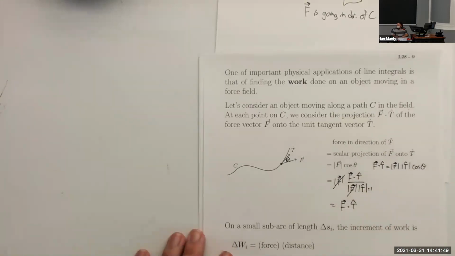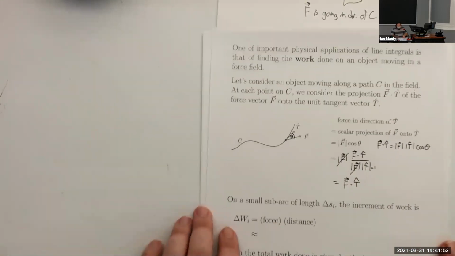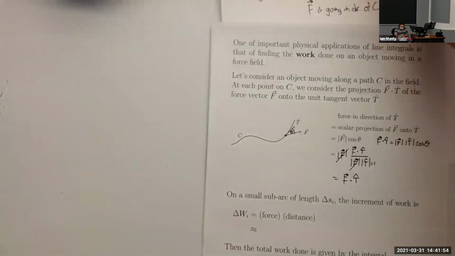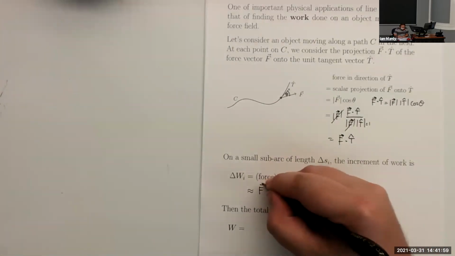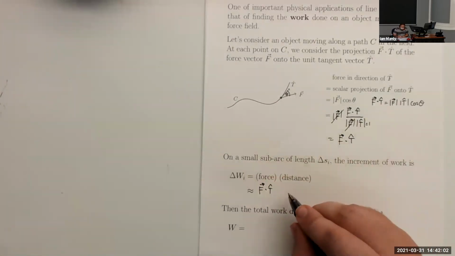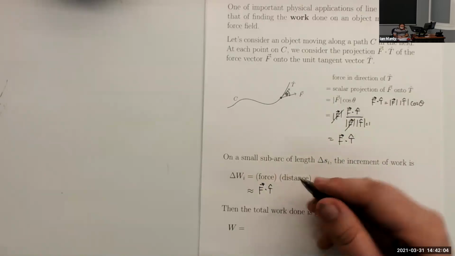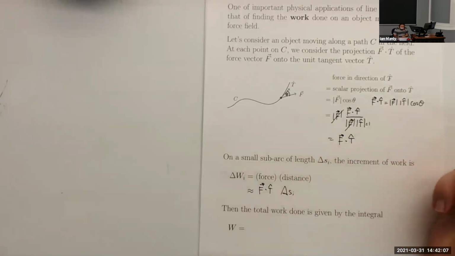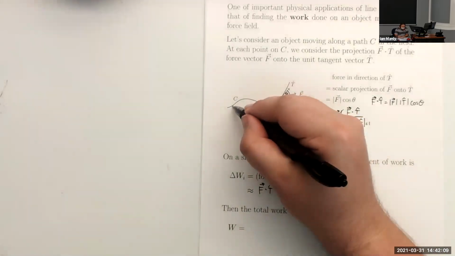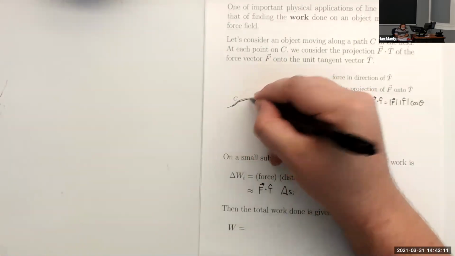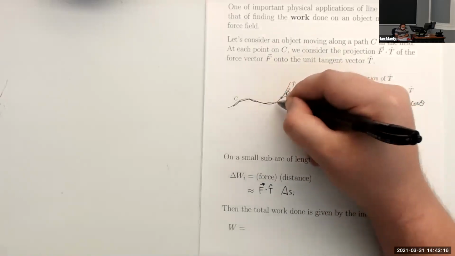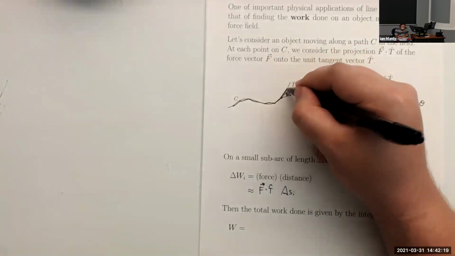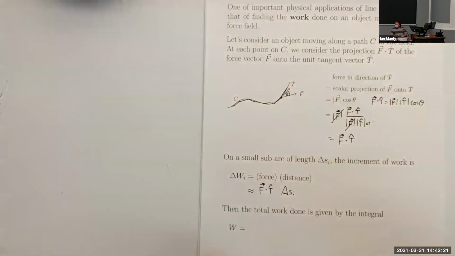Now, I think someone was mentioning earlier, work is ultimately equal to force times distance. What's the distance that we're traveling over here? Well, the magnitude of our force is this F dot t hat we just found, and the distance that we're going is going to be this delta s_i. So we effectively divide up this curve into a very large number of these straight lines, and we compute the force along each of these straight lines, and then we have more and more of them.